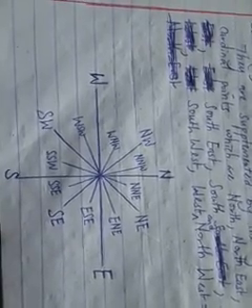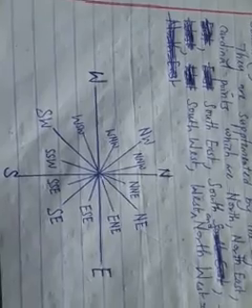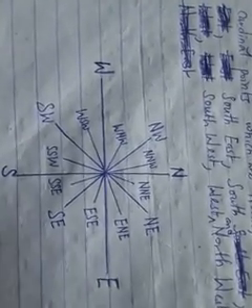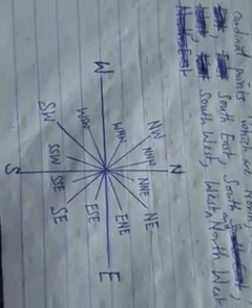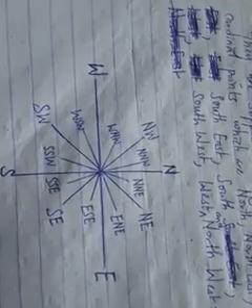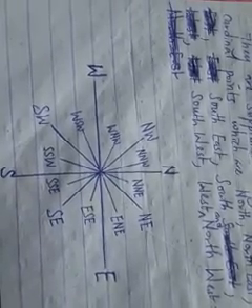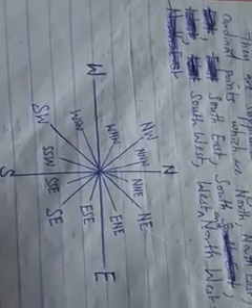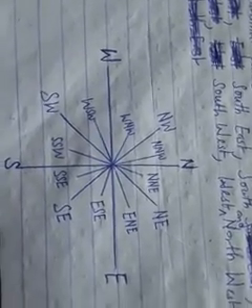That is how I would like to start. You need to be familiar with the directions of a compass, or I call it, the cardinal points of a compass. That's why I'm starting with this particular image.